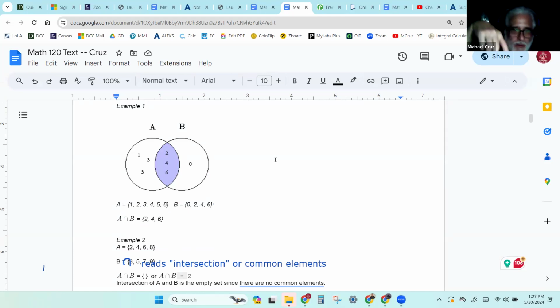Now, that little symbol, there's going to be another one that's very similar to it. And then, of course, it looks very similar to the subset symbol. Well, the subset symbol is the one that's kicked over on its side. This one is like on its head kind of thing. If you want to try to memorize it, think of it like an eye for intersection, you got two eyes there.